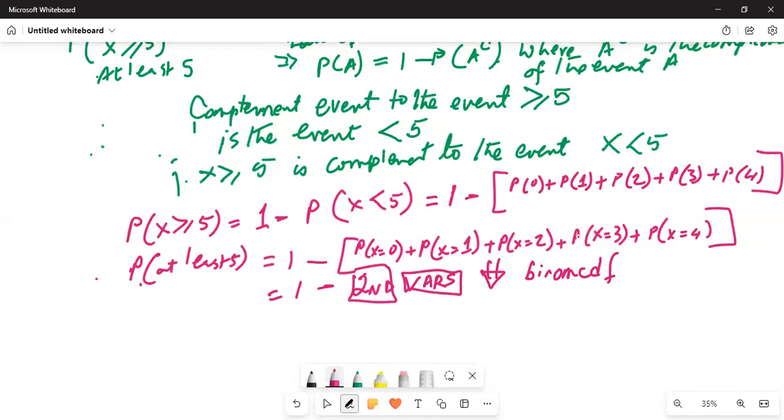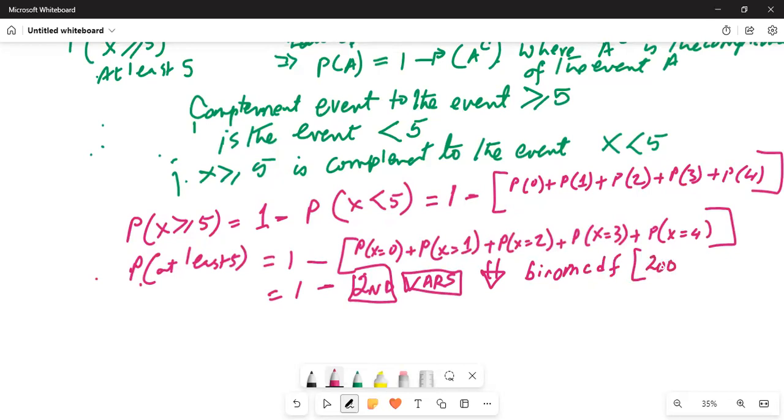And then we enter the following information. Binomial CDF, and then we have trials, which is 200.